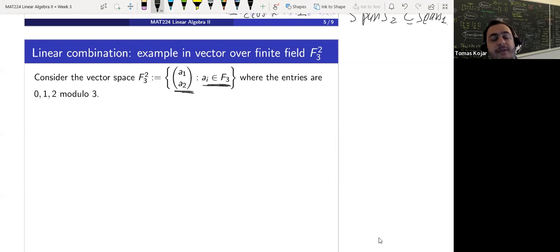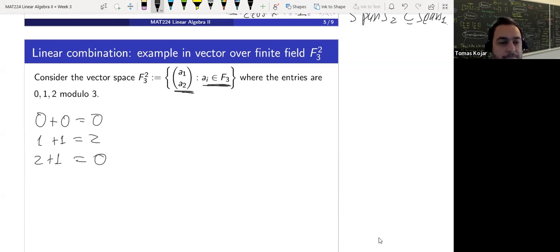Just to remind you, 0 plus 0 is 0, 1 plus 1 is 2, 2 plus 1 is 0. Like modulo arithmetic. 2 times 2 is 4, which is 3 plus 1. So you get 1.